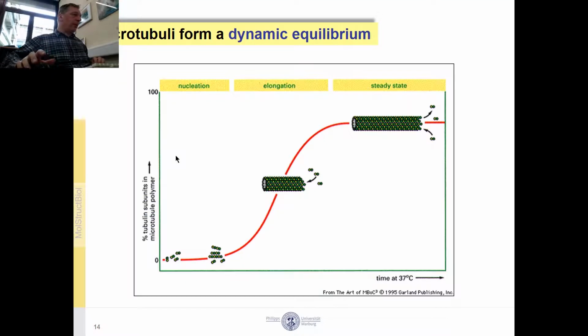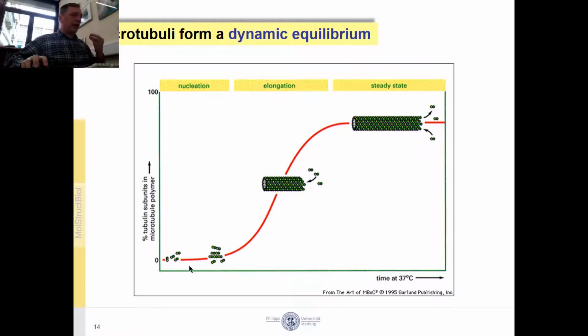So to get a bit of this idea of microtubuli, please remember this is a process where you have globular alpha beta heterodimers in solution. In order to form a filament, they have somehow to nucleate. This is the same process like we have in protein crystallization or in the formation of aggregates like in Alzheimer's disease.